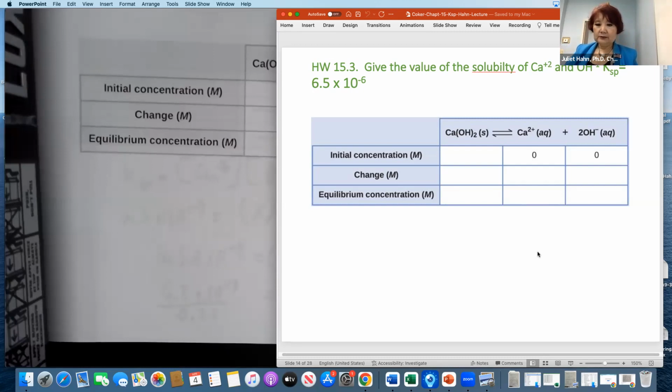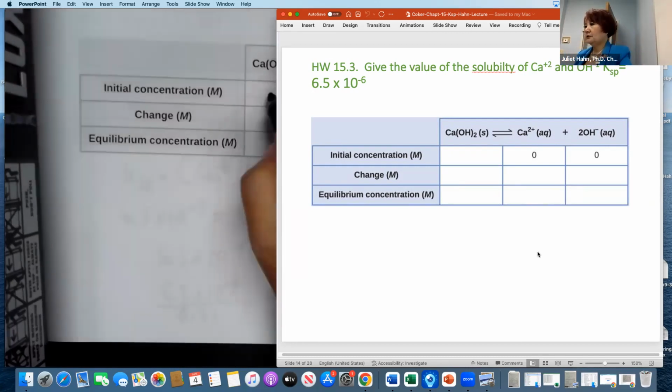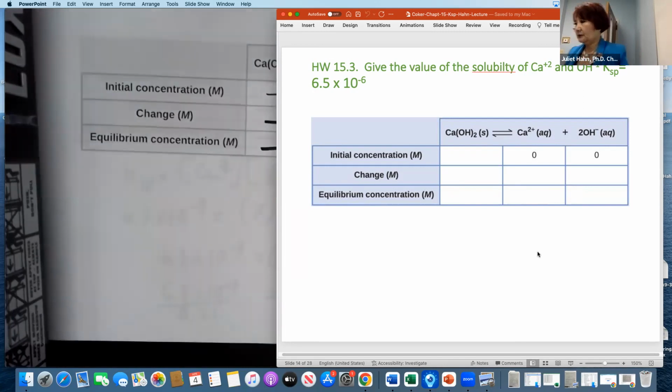All right, so let's go ahead and do this. I want you to give me the solubility of the calcium ions. Sometimes you'll write the solubility as S instead of X, but either way. You're not going to write down anything for calcium hydroxide because that is a solid, so you don't write anything down for those.